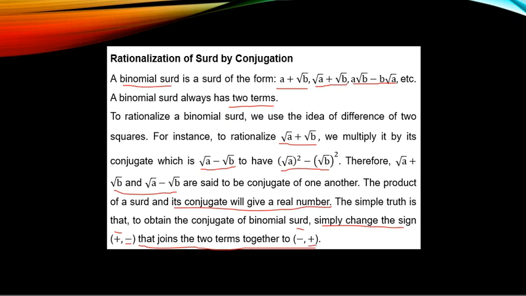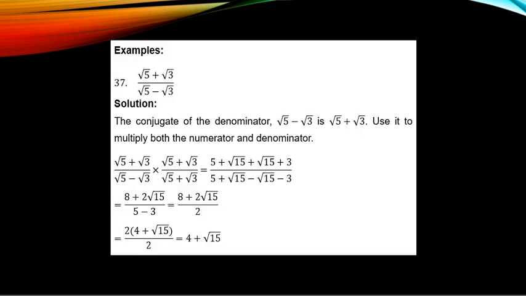Alright, so let's put all of these to divide the complex surd. Example 37. You can see it now. Root 5 plus root 3 divided by root 5 minus root 3.